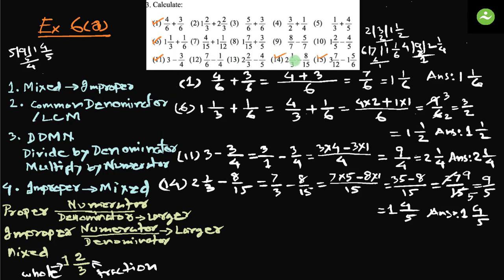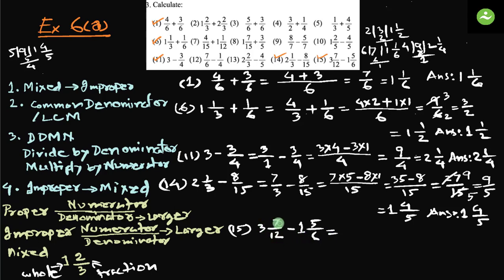The last one, 15. 3 and 7 over 12 minus 1 and 5 over 6, equals to, what we do first?